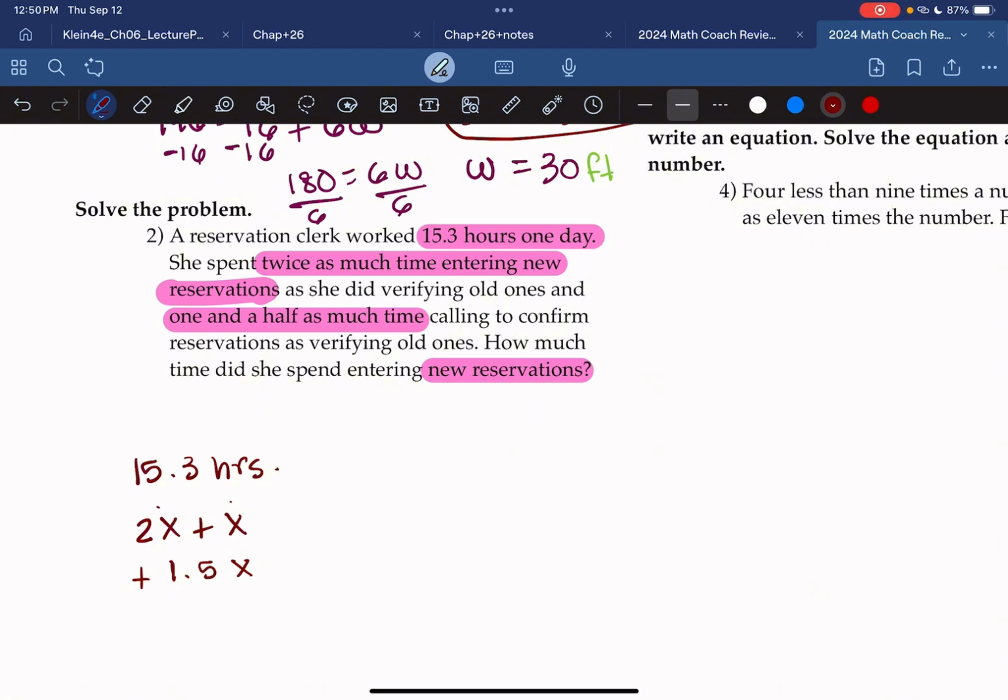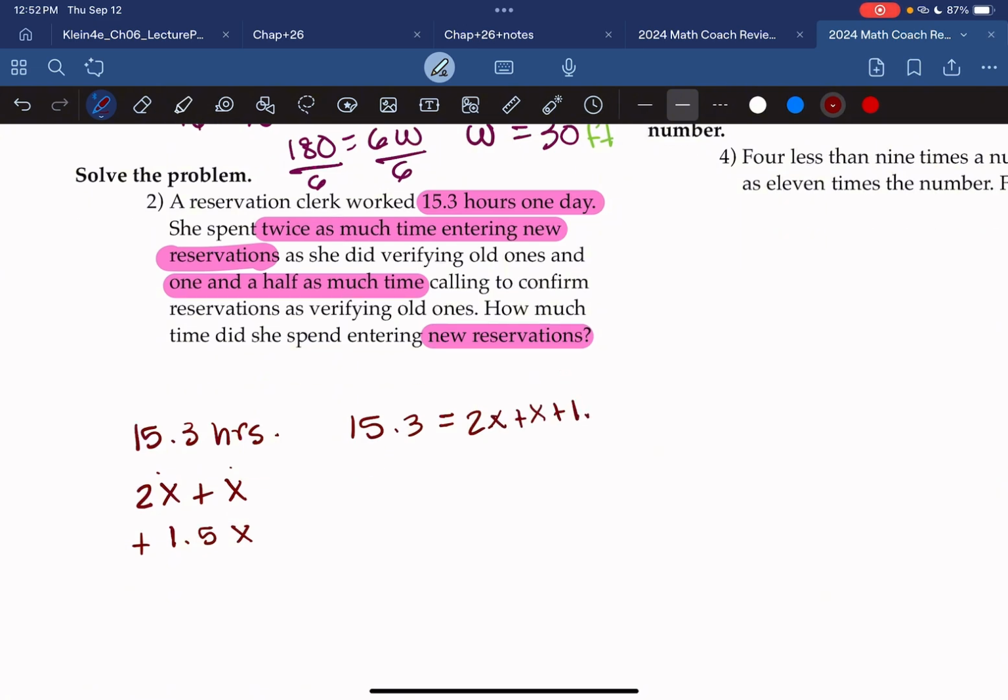Now we plug it into an equation: 15.3 equals x plus 2x, or you could do 2x plus x. Let's do 2x plus x plus 1.5x. Now we combine like terms. 2 plus 1 is 3, so 3x plus 1.5x gives us 4.5x.